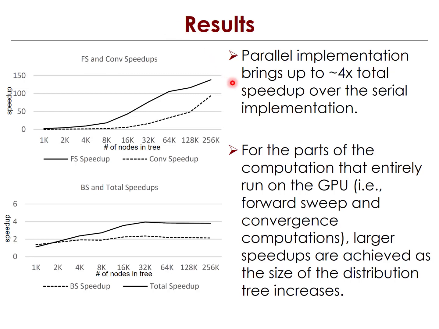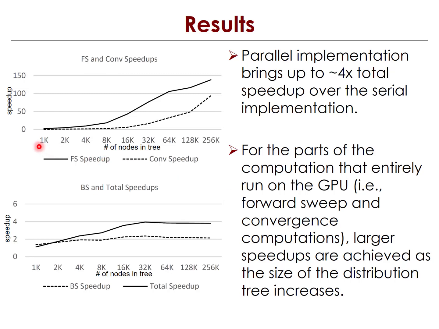Parallel implementation brings up to about 4x total speed up over the serial implementation. So here is the 4x speed up. And for the parts of the computation that entirely run on the GPU, such as forward sweep and convergence computations, larger speed ups are achieved as the size of the distribution tree increases.